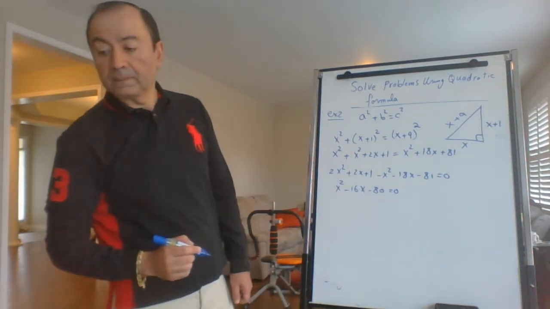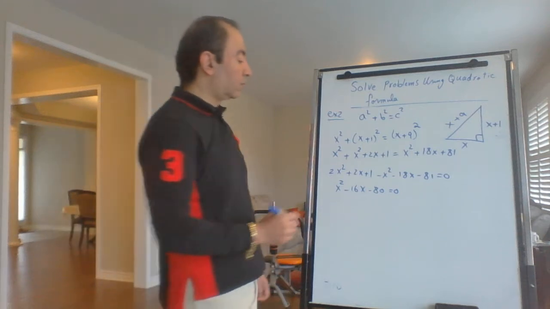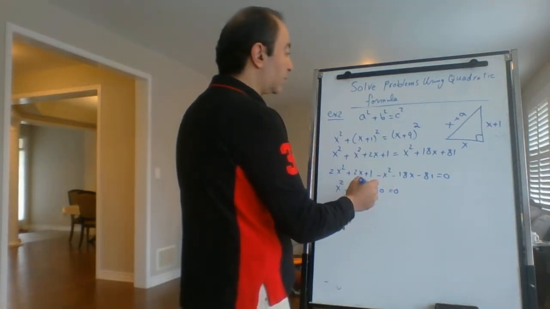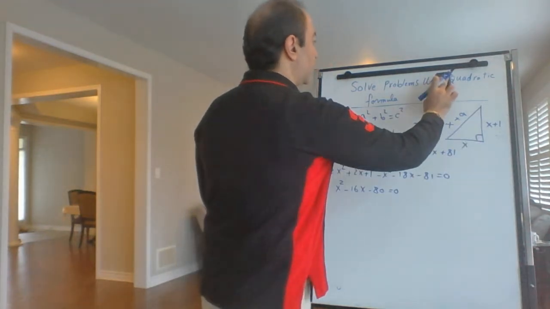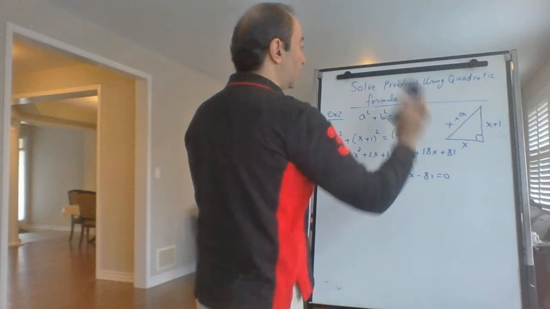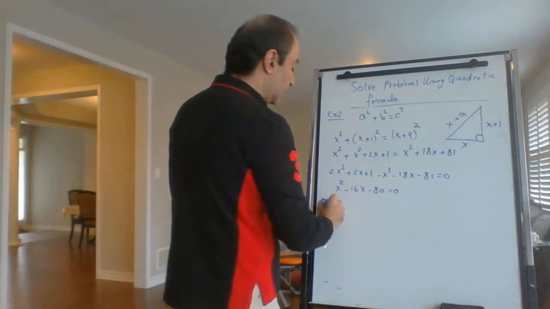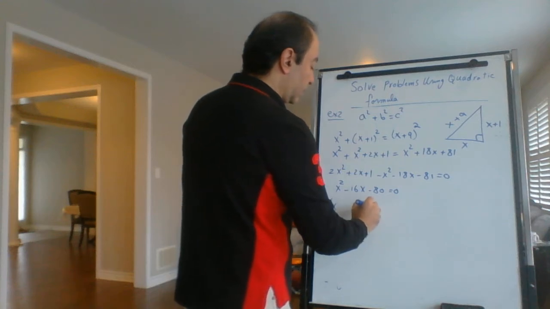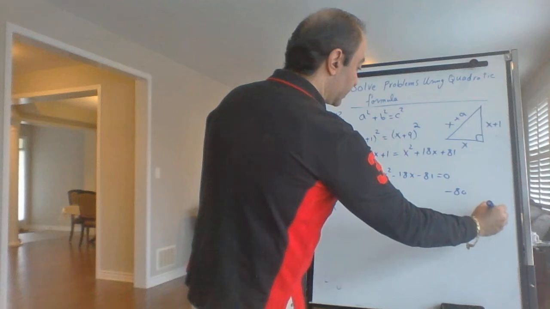Okay, if we try to factor this, we need to think, we can factor, we don't need to use the quadratic formula. So in solving problems, we don't have to use the quadratic formula because this is easy. I can think of two numbers that multiply to negative 80 and add to negative 16.